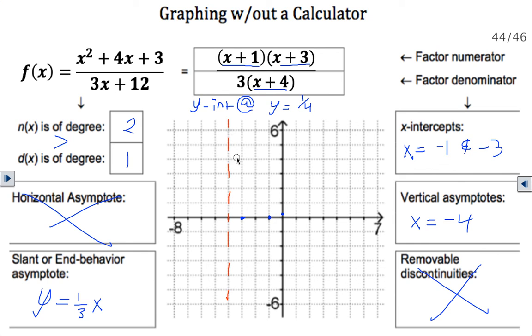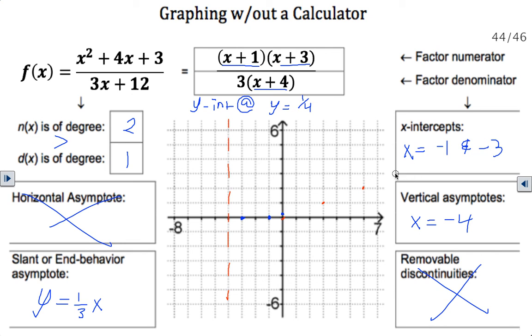Okay, now to graph your slant asymptote, when x is 0, your y is going to be 0, so you're going to start at the origin, and then hopefully most of you remember how to graph linear equations. It's just rise over run. So you're going to go up 1 over 3, up 1 over 3.